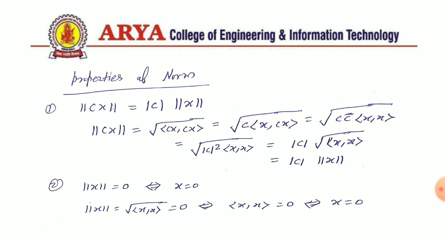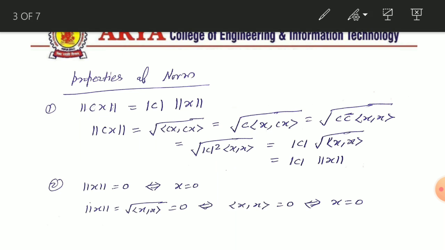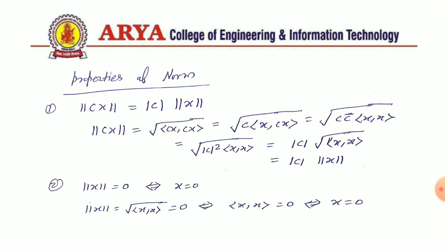If we take norm of cx, then we can write it as modulus of c and norm of x. Also, we can prove it. If we take the left hand side, that is norm of cx, then by the definition of norm we can write it as square root of inner product cx and cx, and again we can solve it like this: square root of c inner product of x and cx, and again by the property of inner product we can write it as c bar inner product of x and x.